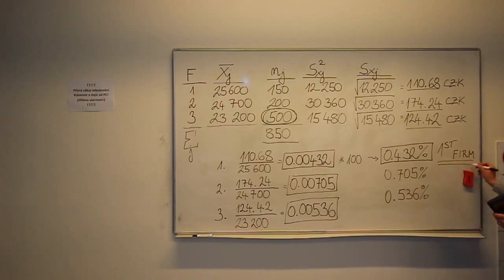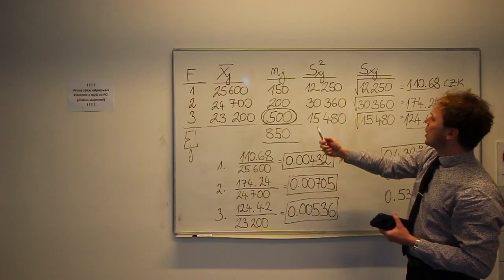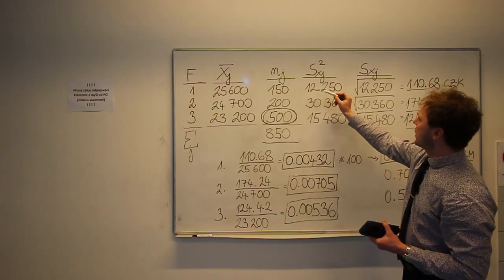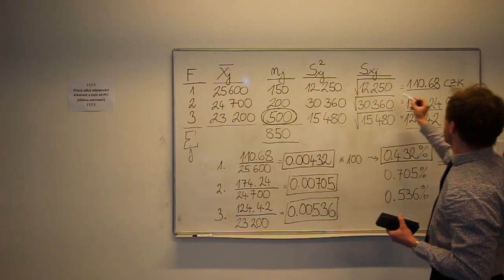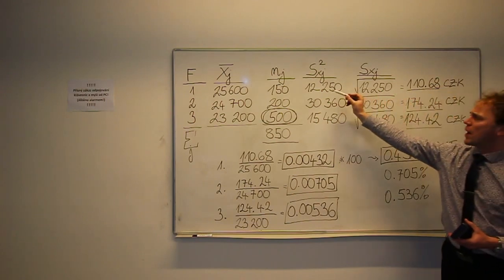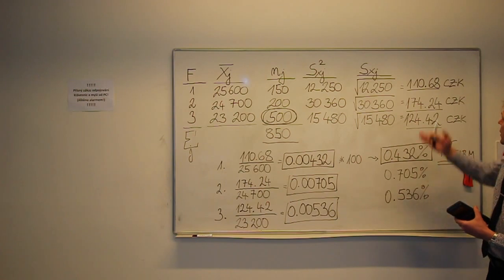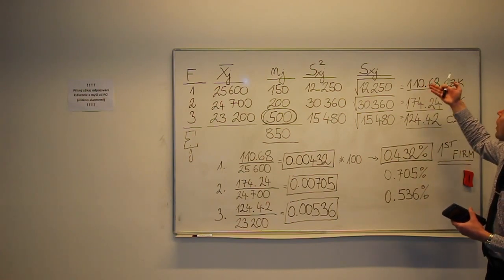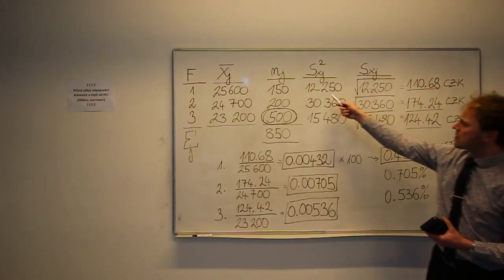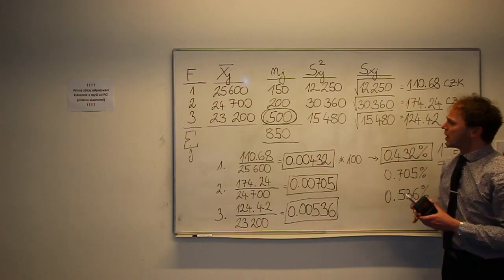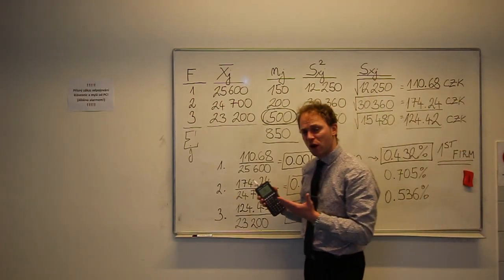If you check, for example, the standard deviation or variance, the absolute measure of variability, there is also the lowest absolute variability in the case of the first firm.